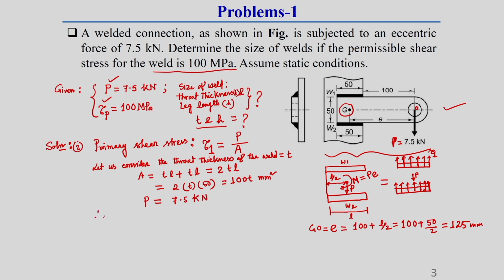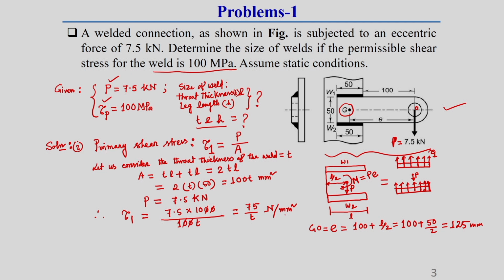So, the primary shear stress tau 1 will be 7.5 converted to Newton, that is 7500, divided by the cross sectional area 100 T. So, this will be equal to 75 divided by T Newton per millimeter square, because a stress means load per unit cross sectional area.